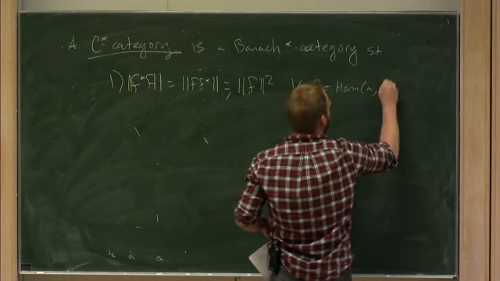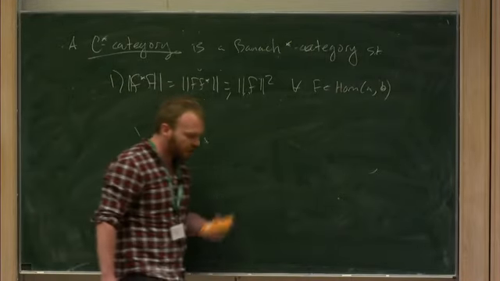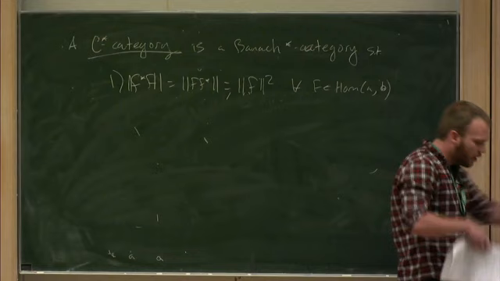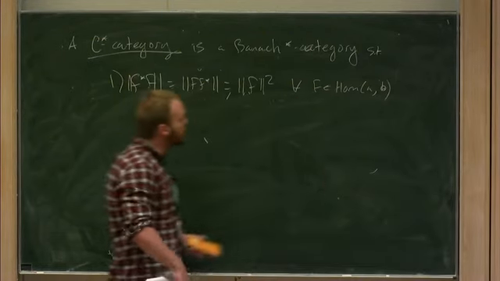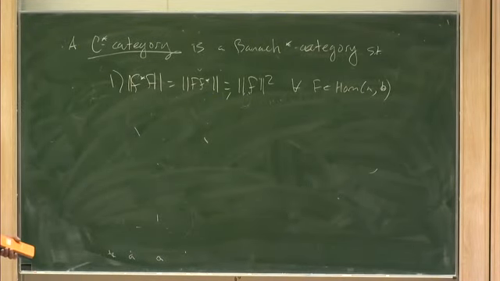Okay, so maybe I should say a Banach star category is just like a Banach star algebra, but now they can have different endpoints, so I can only compose things where the source and the target match up, right?